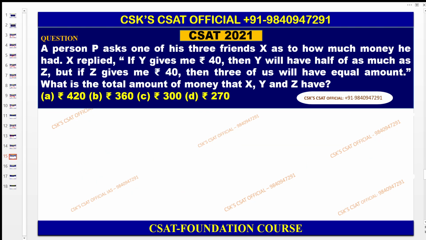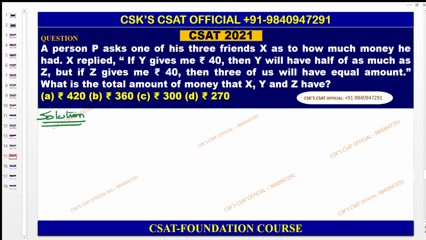Next one, this we will do here itself. Simple equation only, not required with the specific ratio and proportion, but we will do here. A person P asked one of his three friends X as to how much money he had.